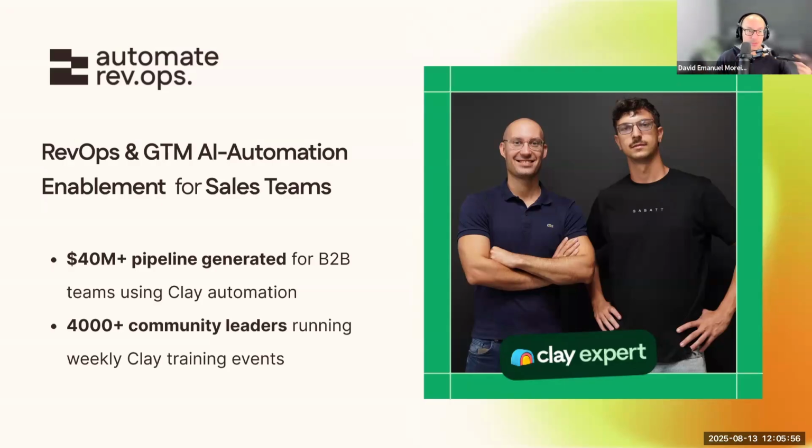So far, we have helped more than 50 companies implement Clay. And we have generated a lot of pipeline doing this, because what we can automate in terms of sales and marketing makes a big impact in the processes. So we are one of the few Clay experts that are dedicated to the training and enablement processes for companies. And we are really proud of it.